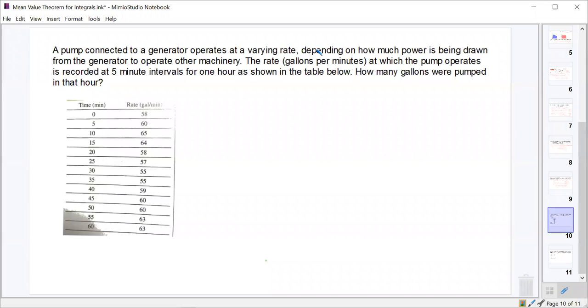Okay. So to accumulate this, we're going to integrate the rate function, which unfortunately we don't have given to us. We just have a set of data points, but we need to integrate it from 0 to 60, right? And so since we don't actually have an official rate function, we need to approximate this using one of our rules.